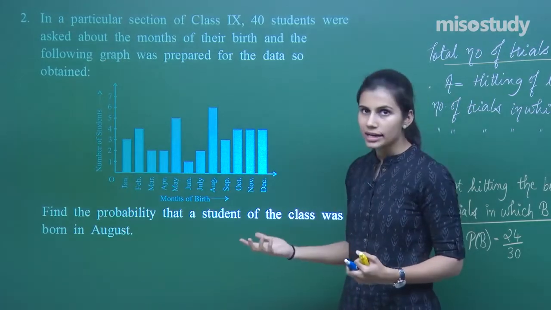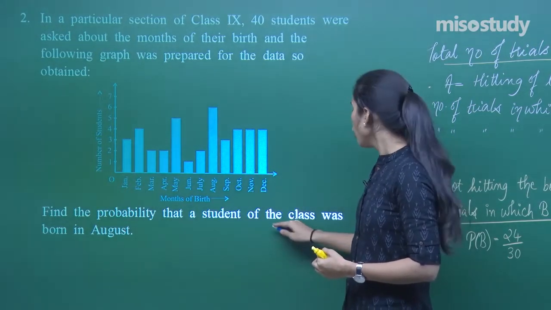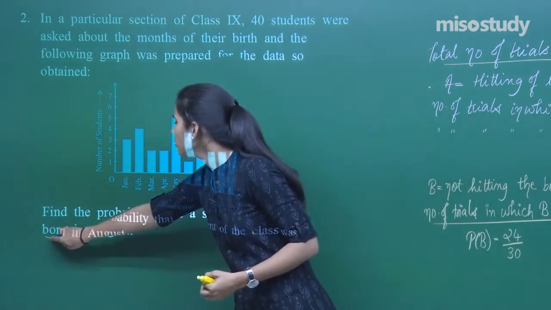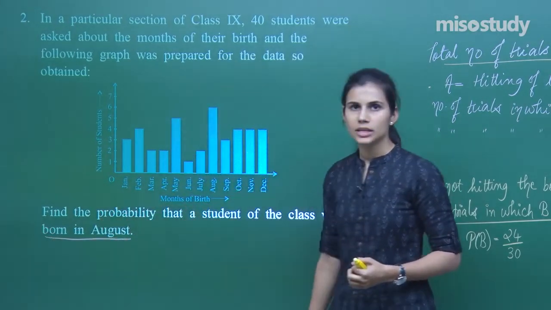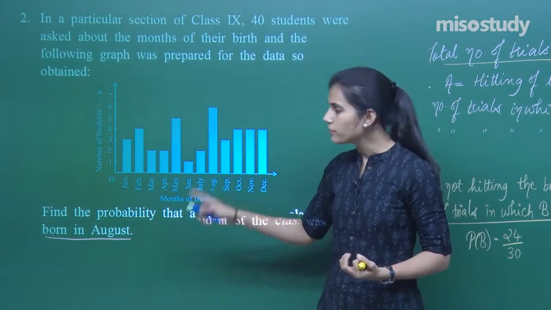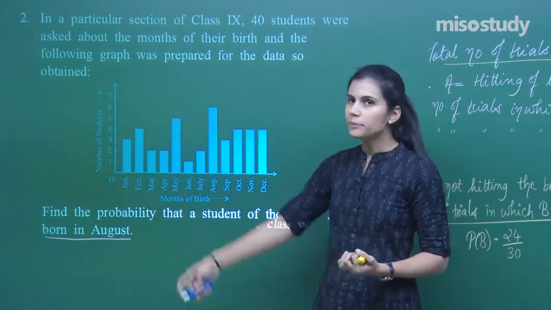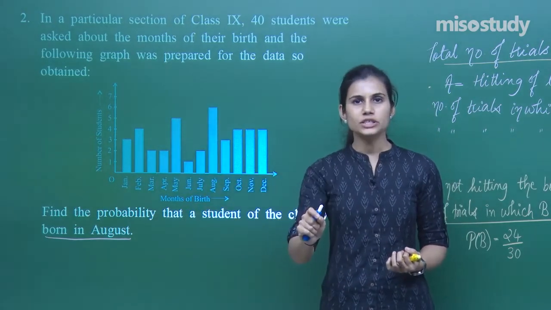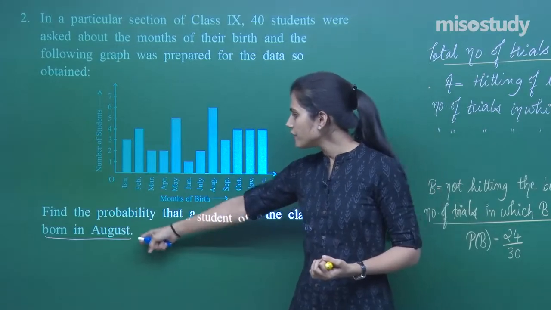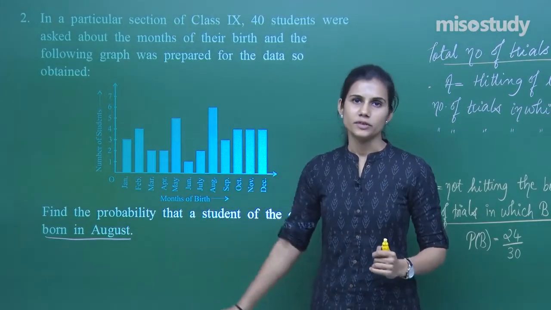Out of those trials, how many trials are in favor of this particular event of being born in August? In August, 6 students are being born. So, out of 40 trials, 6 trials are in favor of this event. So, 6 upon 40 will be the probability of this question.